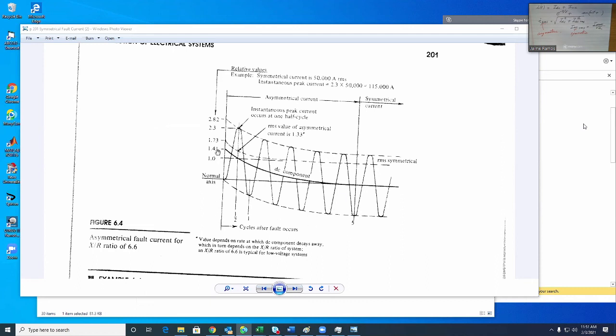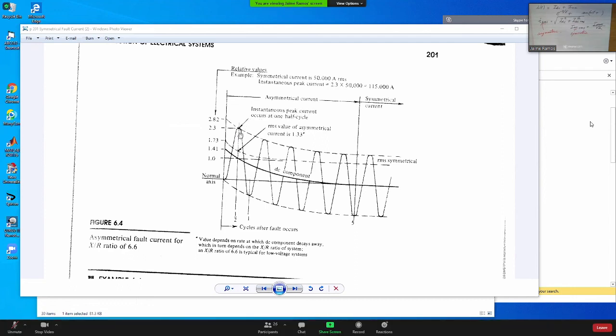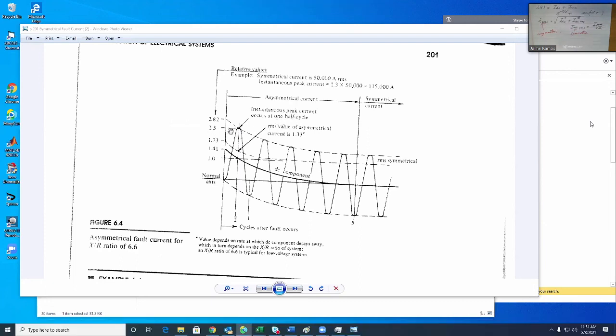Then we have the peak instantaneous peak current occurring at 1/2 cycle. It goes up to 2.3 times the RMS. So the transient is quite strong. It's 2.3 times the RMS current.